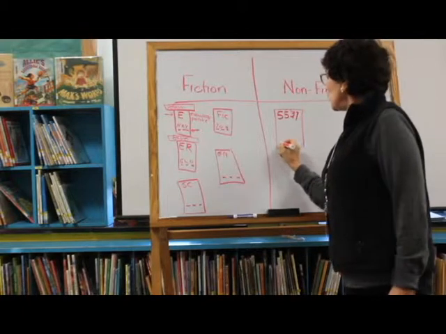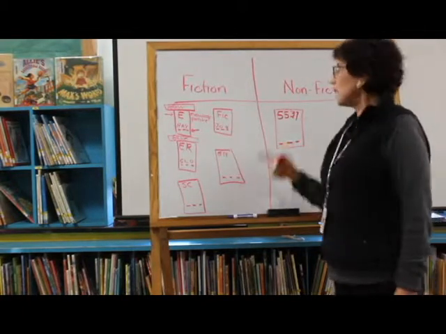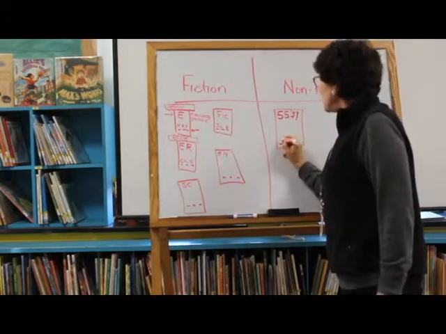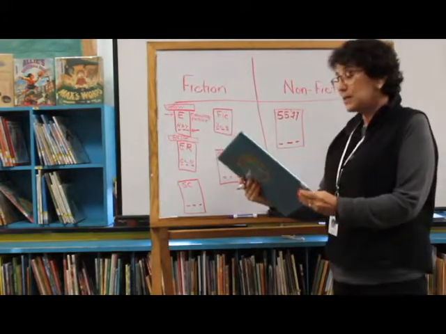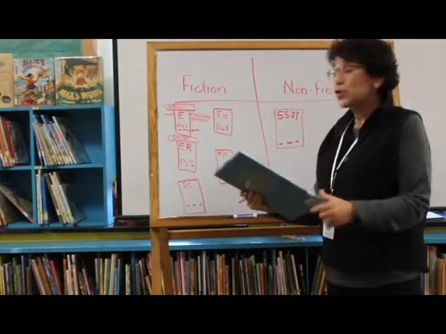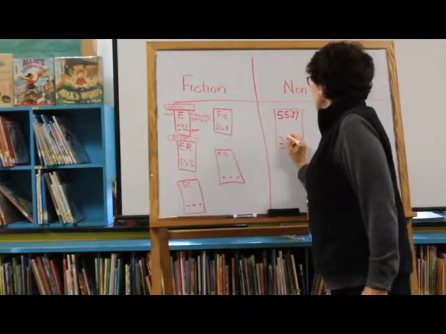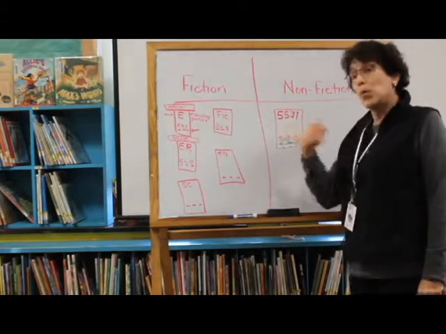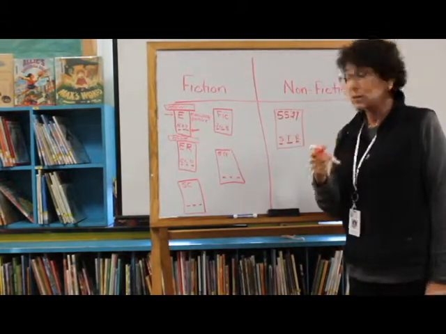And what will go over here? Same thing, first three letters of the author's last name. If I wrote the book, it would be M-A-Y, but in this case it is Rochelle Strauss, so it's S-T-R.